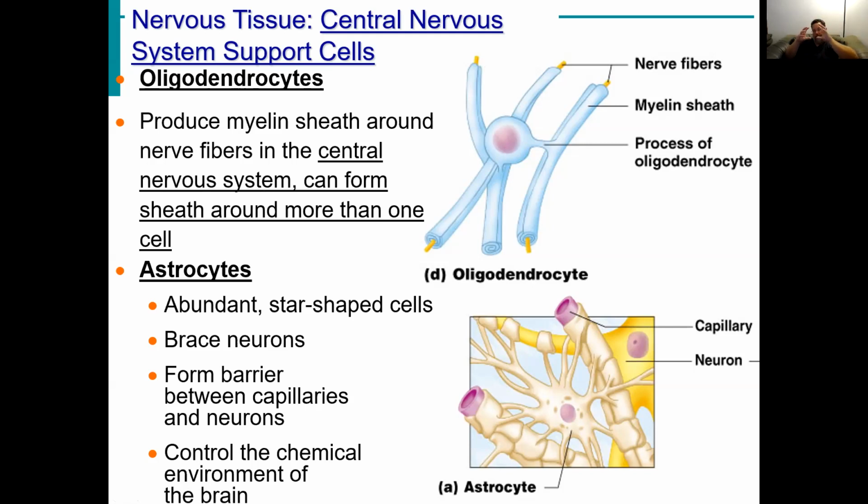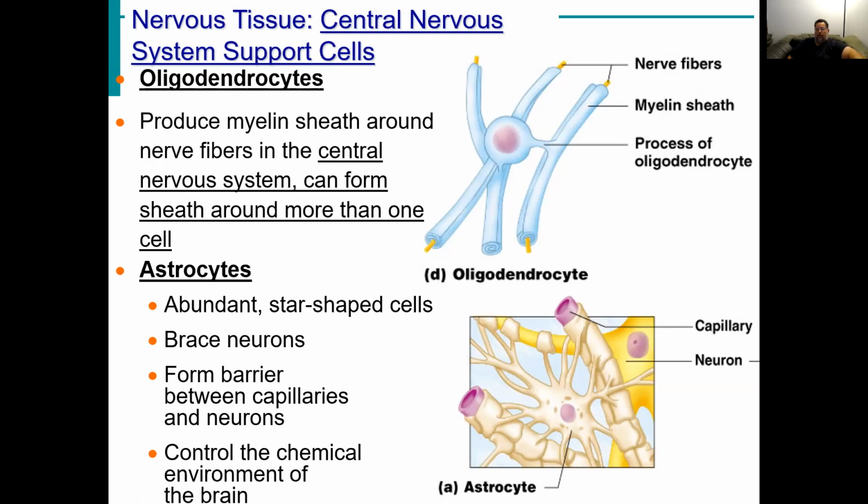Well, in this case, this oligodendrocyte is surrounding multiple axons. As you can see in this picture, here are our nerve fibers. So there's multiple axons that this oligodendrocyte is surrounding and bracing in a sense too, helping hold them in place. So the oligodendrocyte is able to surround multiple axons.